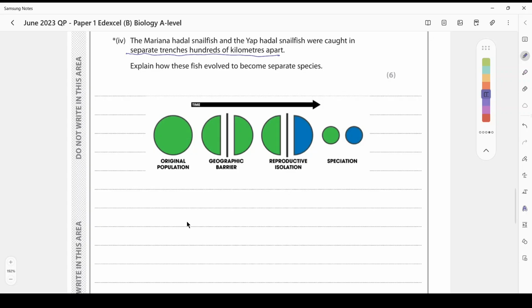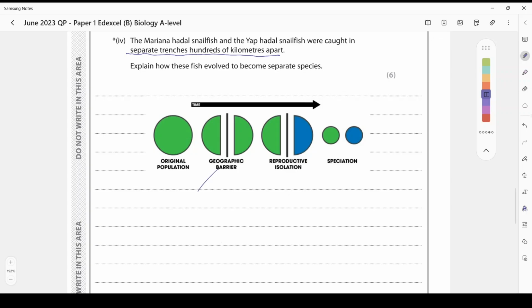And then this would be a trait that would increase their survivability. So they're more likely to survive, they're more likely to reproduce, and then they can pass on their alleles to their offspring. So that over time, you have more and more of these alleles over generations.